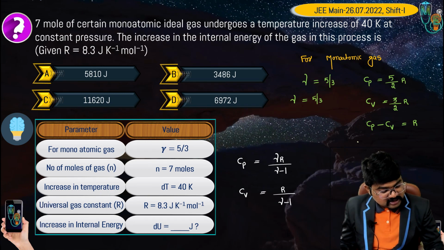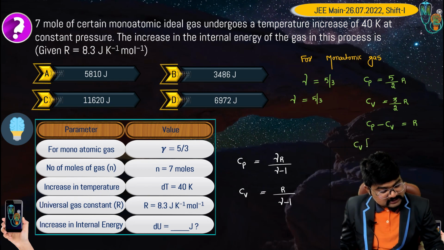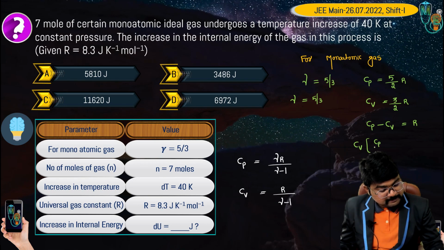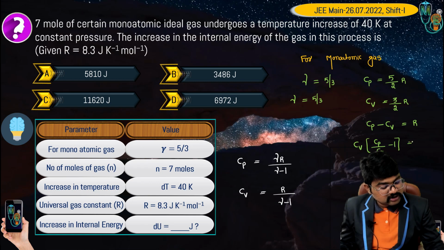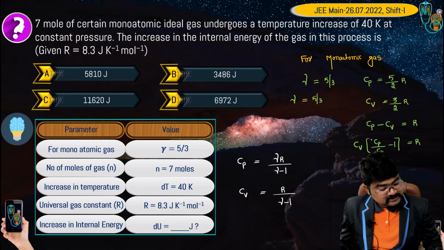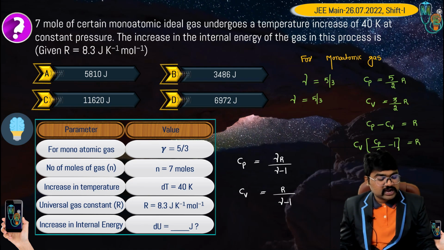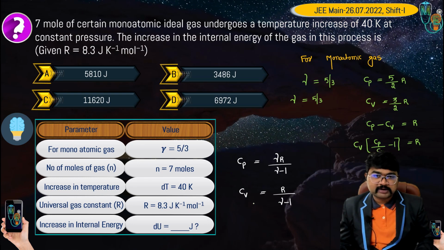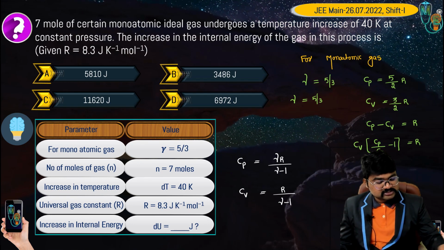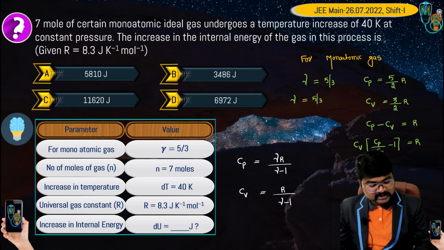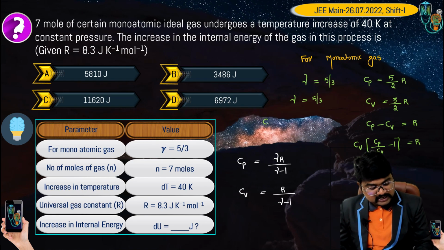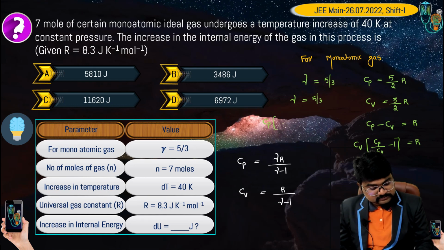You can take Cv common. This would be Cv times (Cp by Cv minus 1) equal to R. Here Cp by Cv equal to gamma, so Cv equal to R by gamma minus 1.